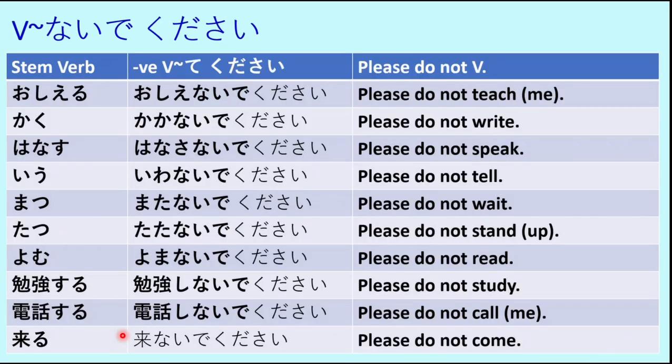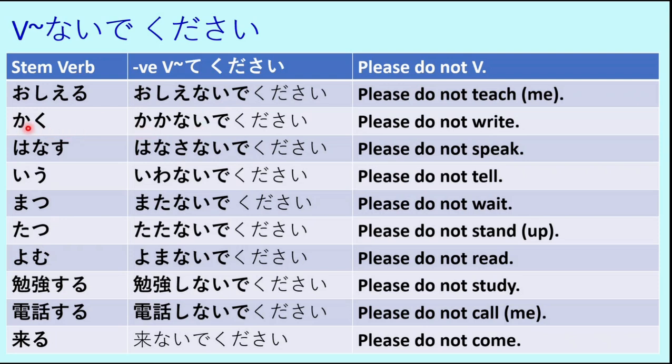Now, before we look into other examples using this structure, this is about how we form it from the stem verb. Now if you have the normal masu form, for example, kakimasu, then you remove the imasu and put anai.